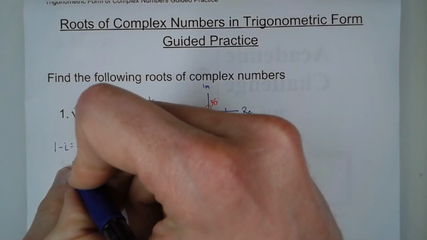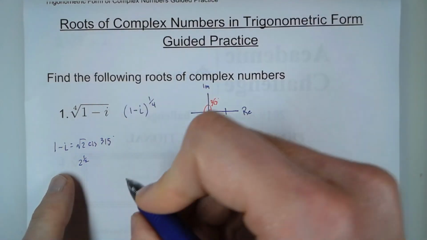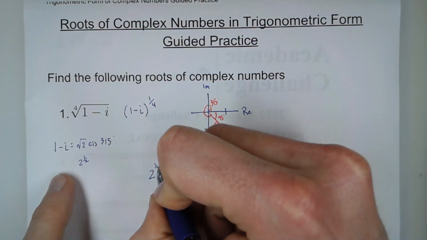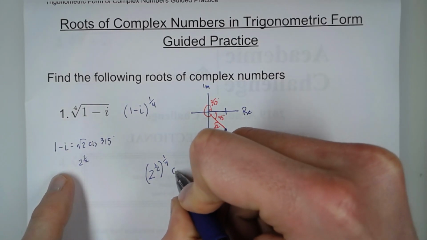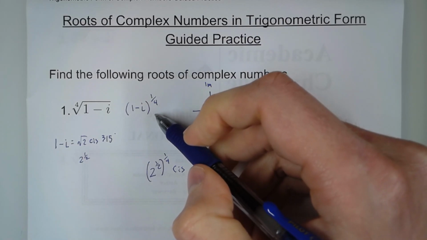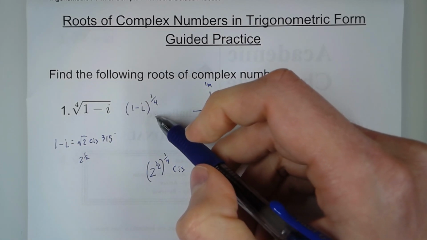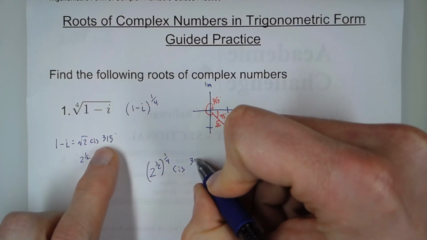Well, square root of 2 is really 2 to the 1/2 power. So what we're going to do is take 2 to the 1/2 power and then raise it to the 1/4 power. And then we're going to take 315 and multiply that by 1/4, or most people like to think of it as dividing it by 4.